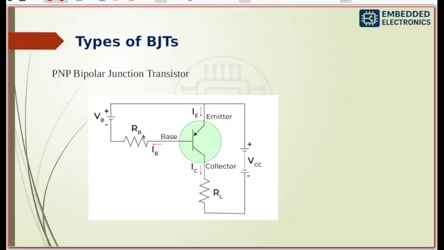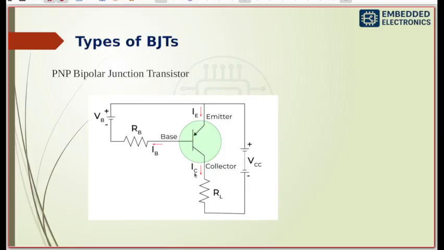Some holes combine with the electrons in the base. This forms the base current. The base is very thin and lightly doped, so few holes recombine. Next, most holes pass through the base and reach the collector due to reverse bias. This forms the collector current.